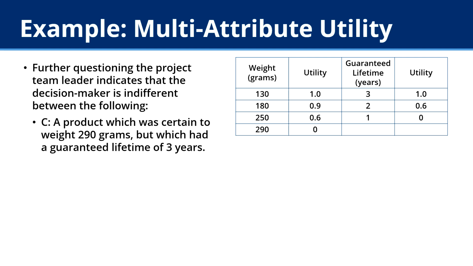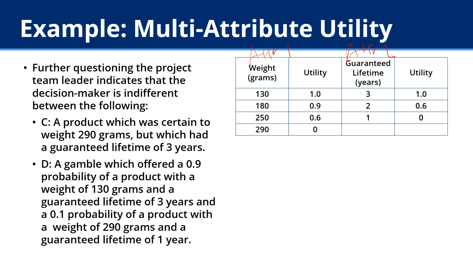So this option is basically the best in terms of attribute 2 and the worst of attribute 1. So again, attribute 1 is the weight. Attribute 2 is the durability, the life in years. So option C is the worst of attribute 1 and best of attribute 2.